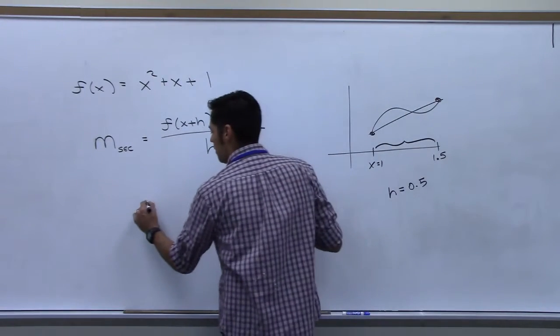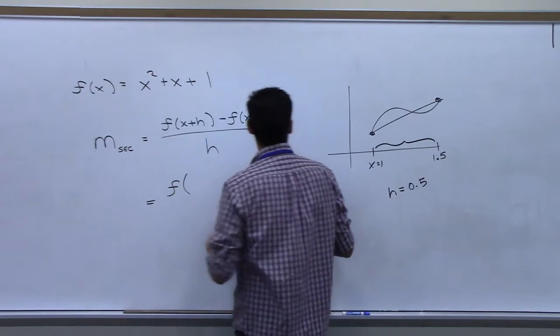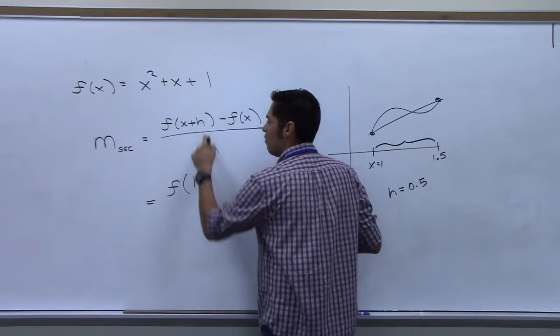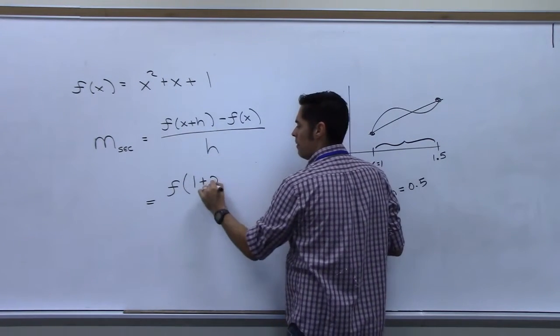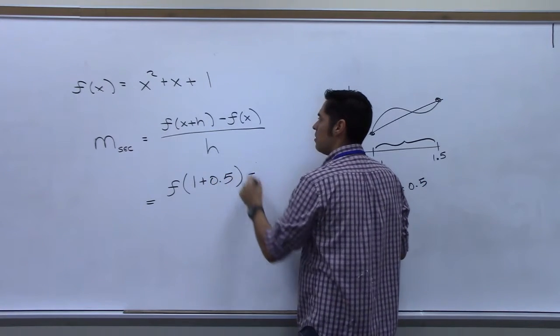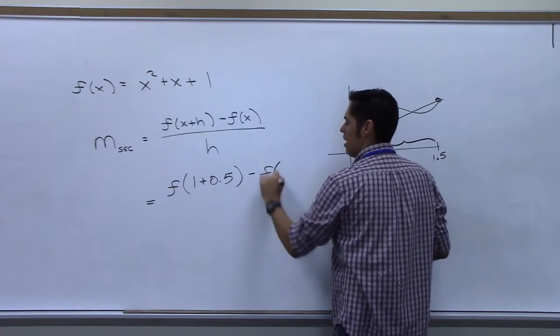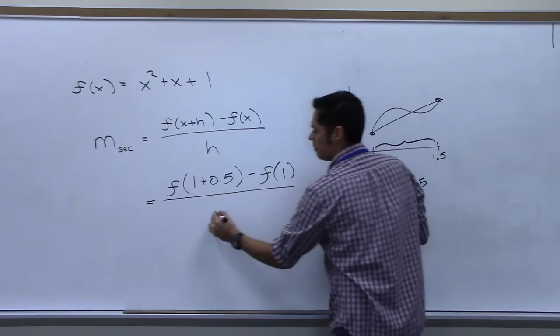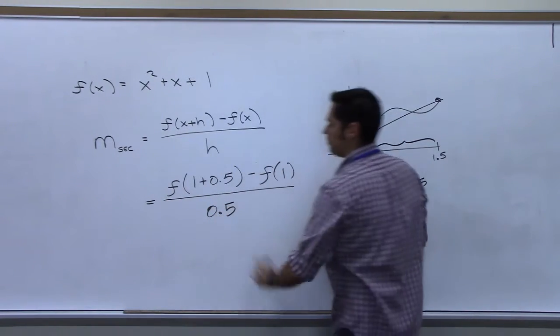So for us, with x being 1, which is what they give us for part A, this is f of 1 plus, what's h? 0.5, minus f of x, which is just f of 1, all over h, which is 0.5.